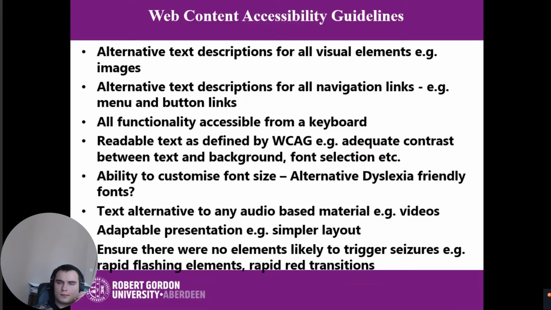You want readable text as defined by the accessibility board, which is adequate contrast between text and background, font selection, etc. You want the ability to customize the font sizes, and you should be offering in this day and age alternative dyslexia-friendly fonts, which are now identified, and it might not be perfect, but it is better than many, okay.